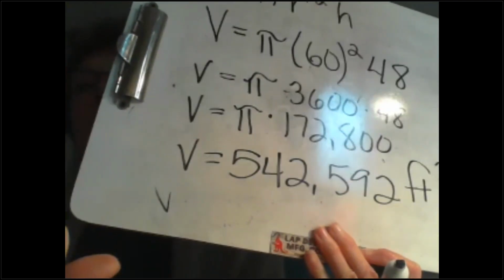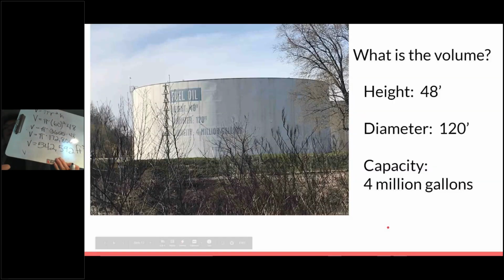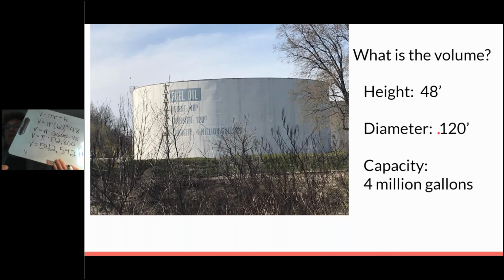That's an awesome question. Because we multiplied three different dimensions. Remember the formula for the area of the circle at the top or the base? We found the area of the base by saying pi r squared. That r squared is actually two dimensions, radius times radius.